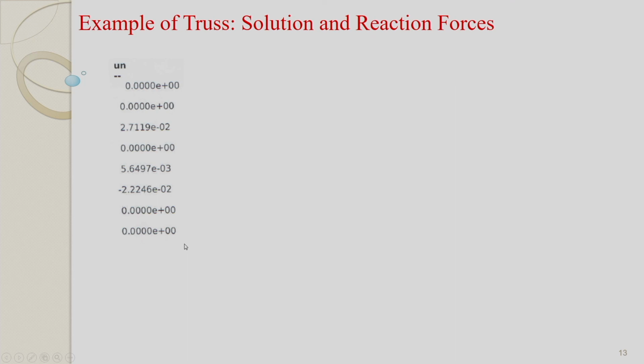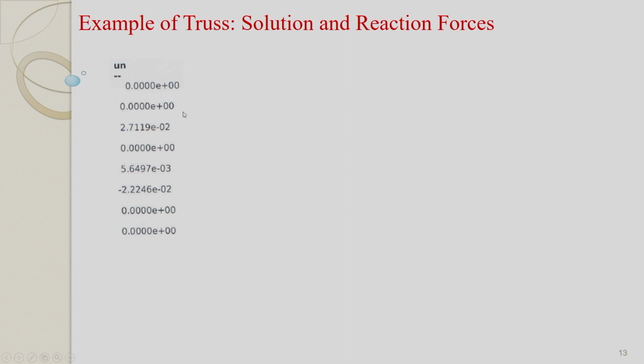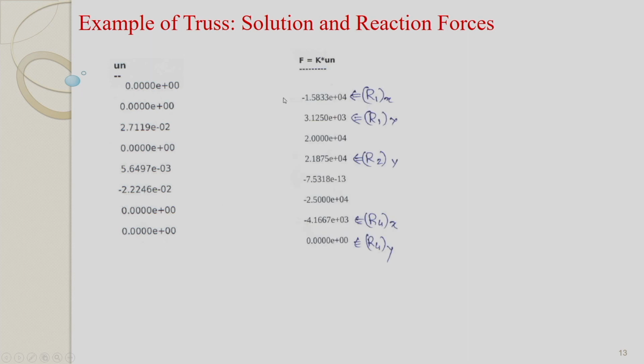Now, in order to get the reaction force, we pre-multiply the 8 cross 8 global stiffness matrix with this displacement vector, that is, the 8 cross 8 matrix is operated on this 8 cross 1 vector to get our reaction force F. So, you can see in this F vector, F3 and F6 are our given values.